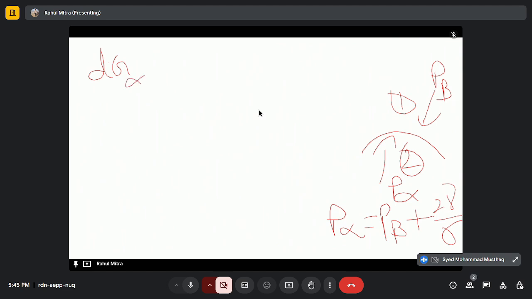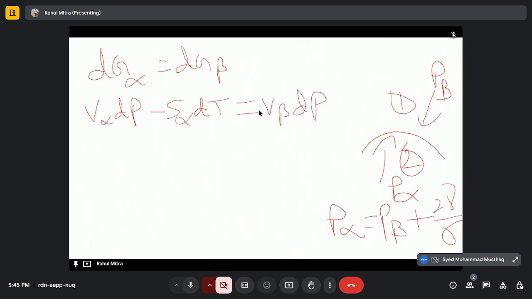So dG alpha equals dG beta, then we have V alpha dP minus S alpha dT equals V beta dP minus S beta dT.